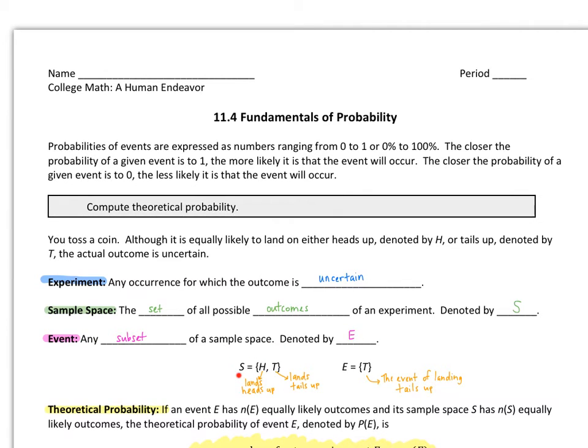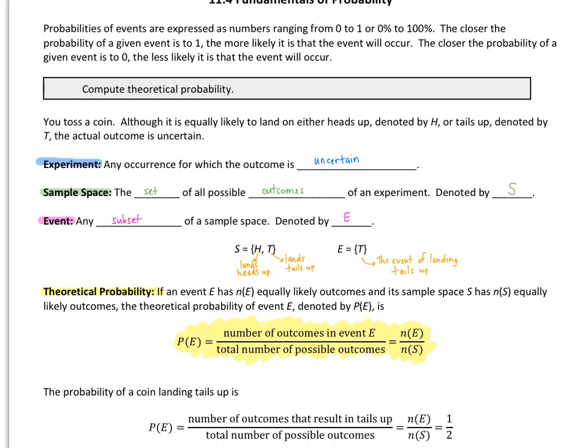So the sample space is either heads up or tails up. And an event could be the event of landing tails up. So this is how we would talk about the event aspect. So what is theoretical probability?